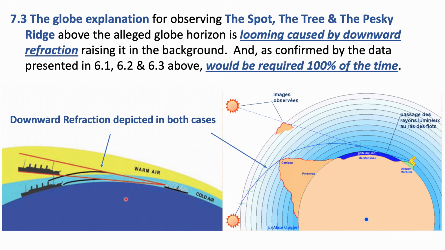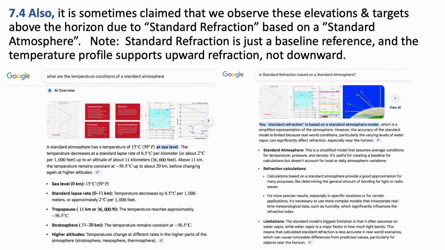So here's a couple diagrams. Downward refraction is depicted raising a ship over the horizon, and in this case, a mountain over the horizon, so you see it above the horizon instead of below. It is also sometimes claimed that we observe these elevations and targets above the horizon due to standard refraction based on a standard atmosphere.